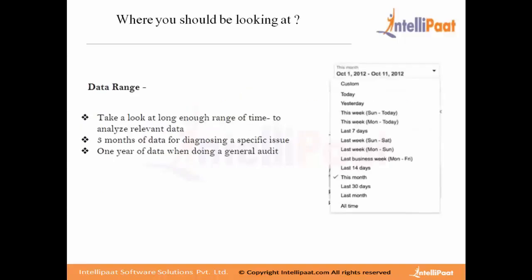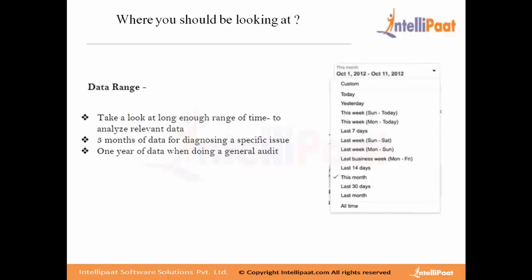Now comes where you should be looking. There are plenty of things in a Google AdWords account. It's a huge matrix, and within that huge structure of Google AdWords, the very first thing to be checked is the date range. The date which has to be selected has to be done optimally.